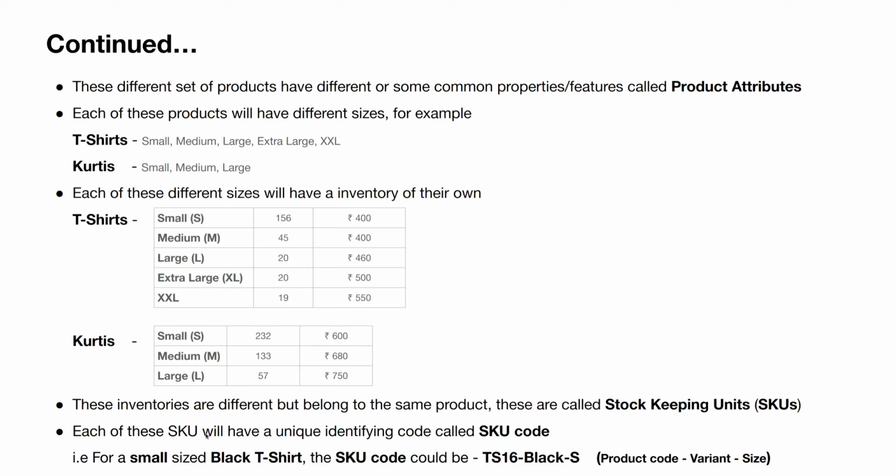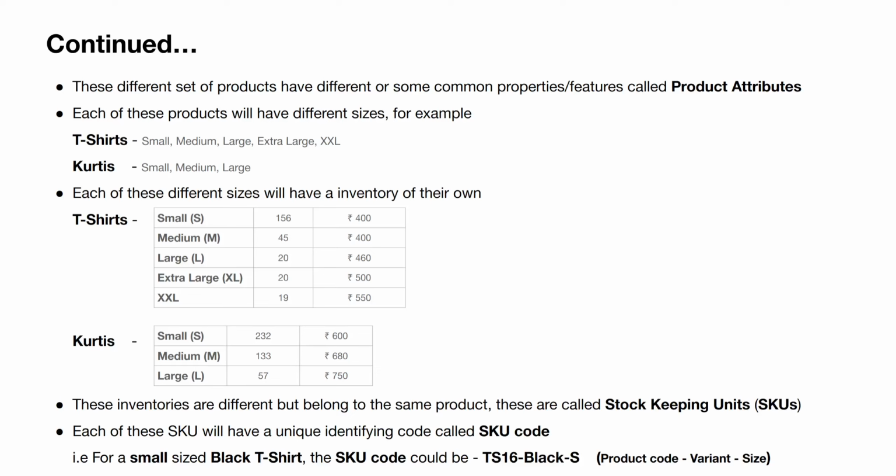Each of these SKU, stock keeping unit, will have a SKU code. So let's take an example. For a small sized black t-shirt, the SKU code could be this SKU code. This is made up of 3 components: product code, a variant and the size. You don't have to worry about giving a SKU code on Omnibus.